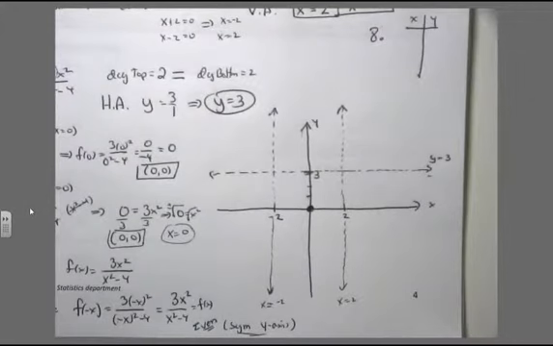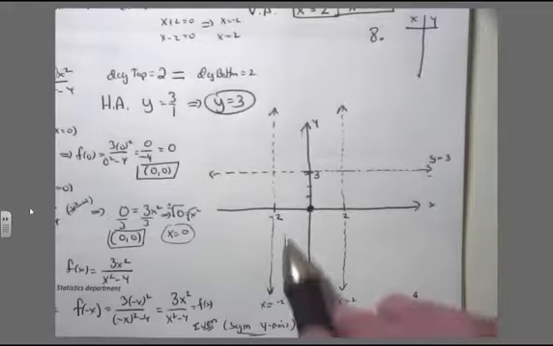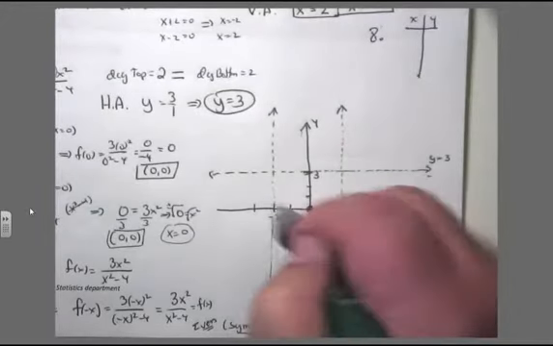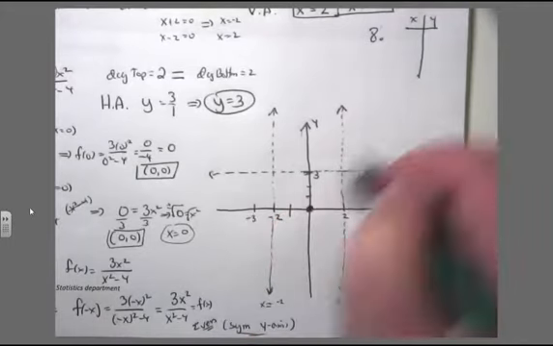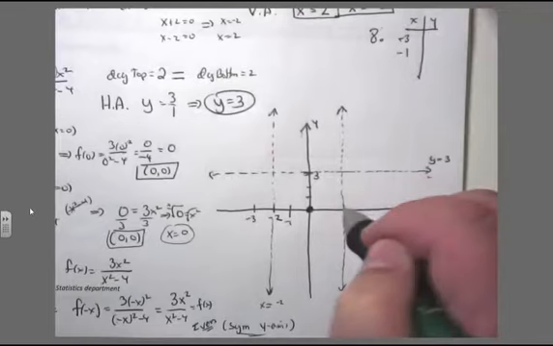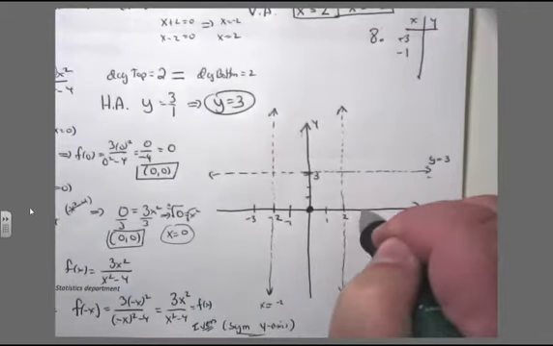You always want to plot a point on either side of a vertical asymptote, and you want to plot one down the road on your horizontal asymptote on either side. So I'm not plotting a bunch of points. Look, I've got negative 2 here. I'm going to plot a point on either side of my vertical asymptote. I'm going to plot negative 3, I'm going to plot negative 1, I'm going to plot positive 1, I'm going to plot 3.